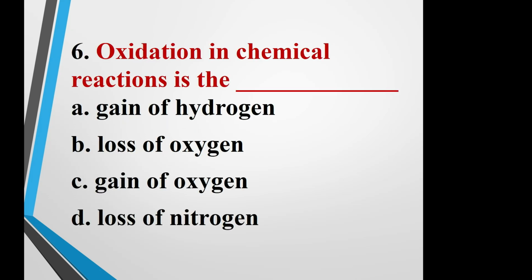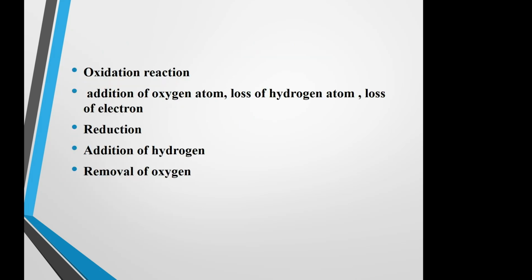Next question. Oxidation in chemical reactions is: options A, gain of hydrogen; B, loss of oxygen; C, gain of oxygen; D, loss of nitrogen. Answer is C, gain of oxygen. In an oxidation reaction, there is addition of oxygen atoms, that is gaining of oxygen, and loss of hydrogen atoms and loss of electrons.